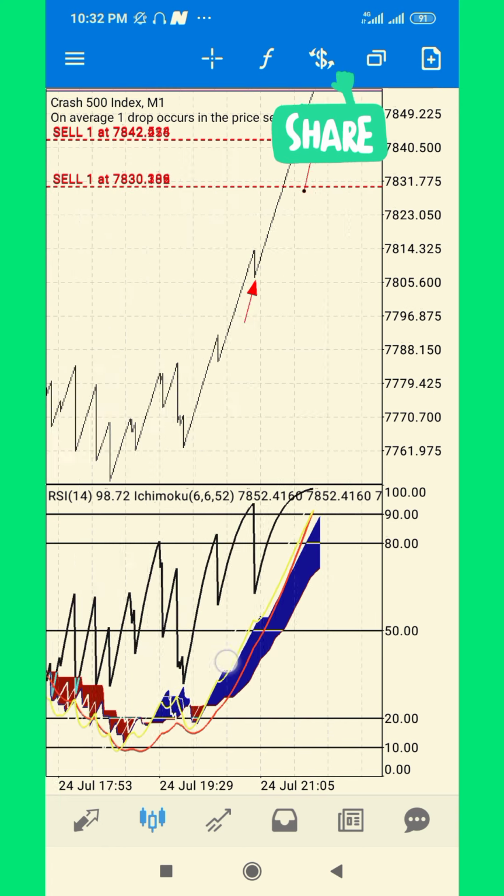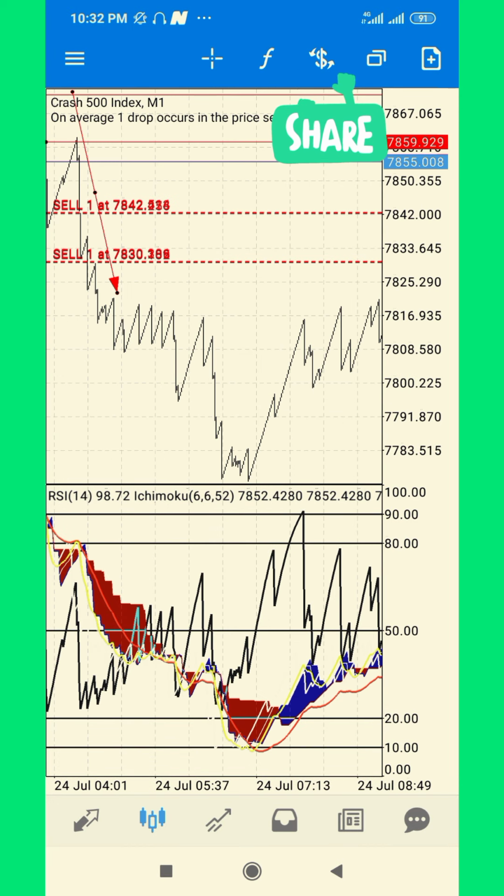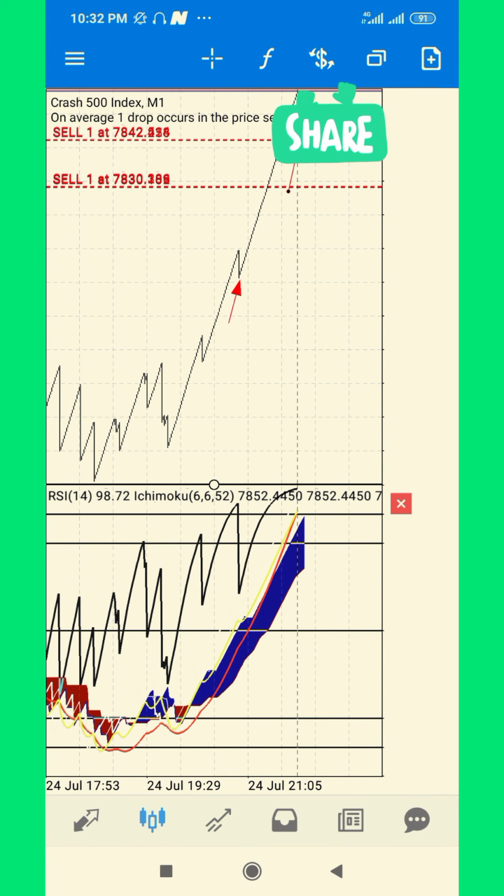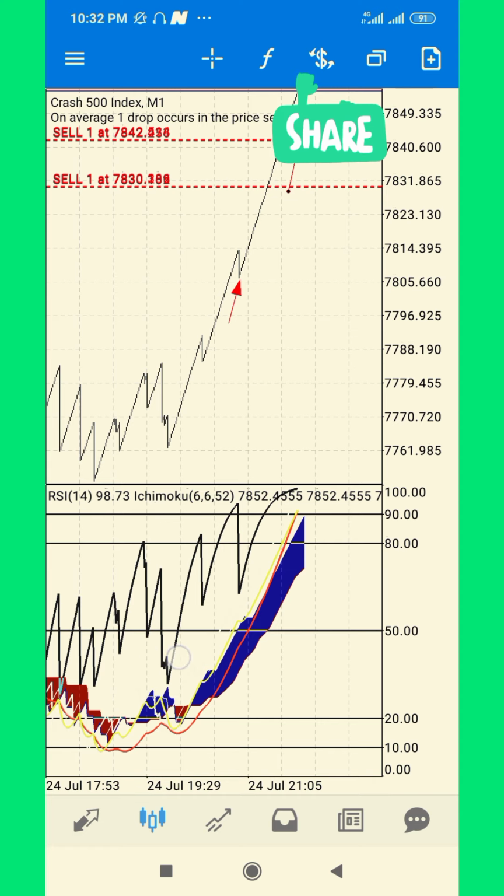Now let us run down to how we use this indicator.